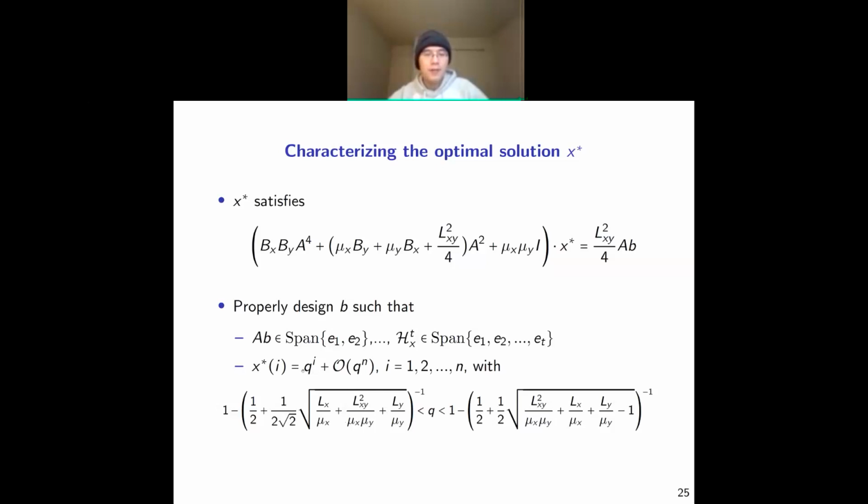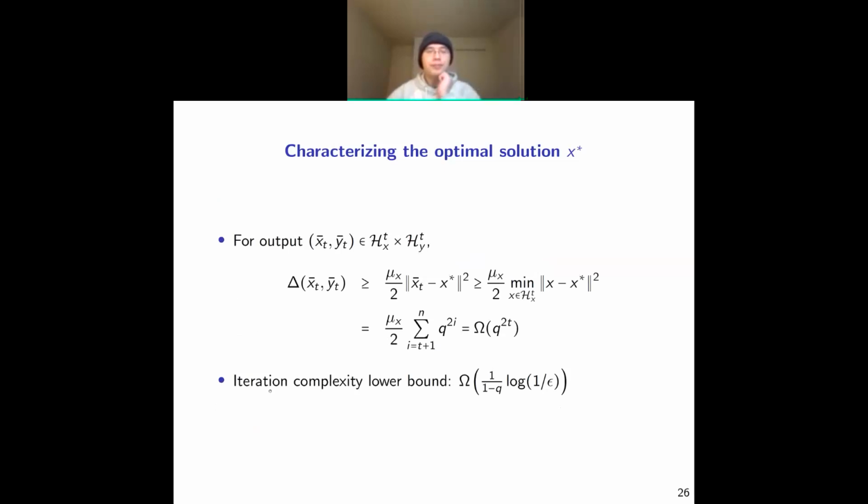So after knowing the analytic form of this optimal solution, we'll be able to see that, supposing at iteration t our output is generated in this subspace, the lower bound will be lower bounded by this, as we have mentioned.